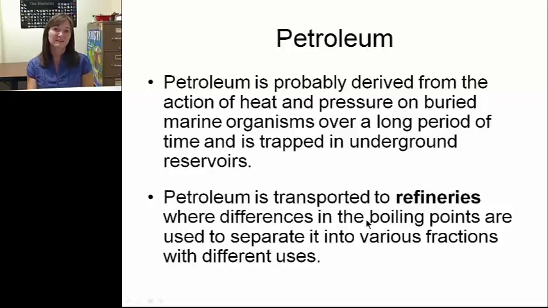Petroleum is transported to refineries, where differences in the boiling points are used to separate it into various fractions for different uses. So what I want you to know from this slide is this boiling point: when they separate petroleum, it's done by heating it up and then taking off the organic compounds based upon differences in boiling points. So differences in the boiling points is how they separate petroleum.